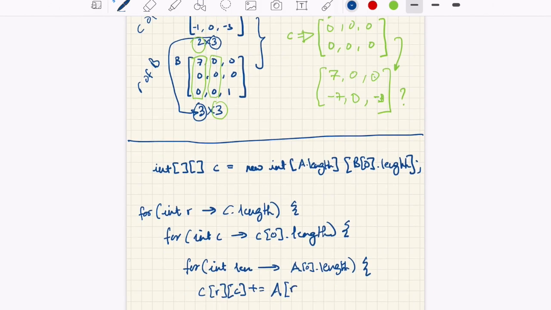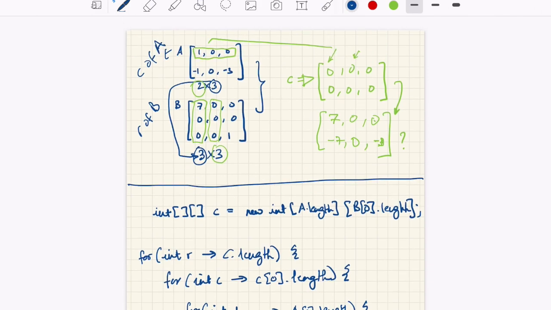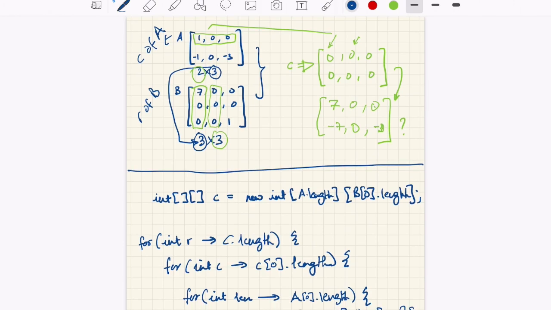So R, because we're using the base level R, length multiplied by B of, because this is the row, right, of, I believe it should be, just validating, is C. All right, and that's it.